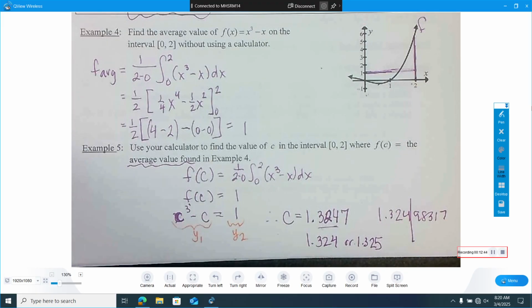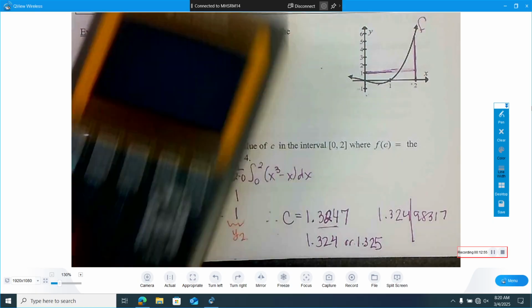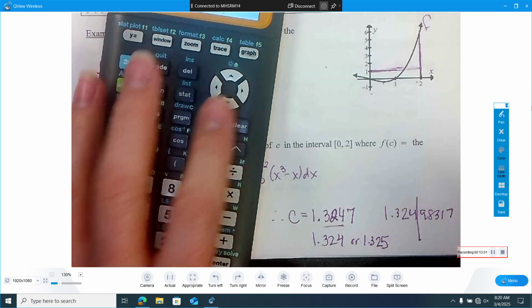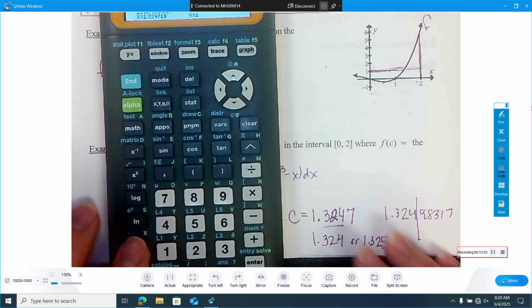I would say, just in general, mostly because of how a lot of questions work, you don't want to round off early. So when you can, use the store feature and store a big long decimal, like we were sort of doing with solving differential equations.